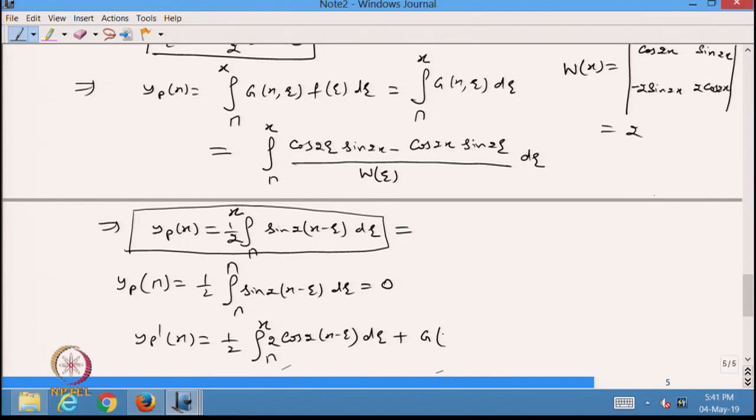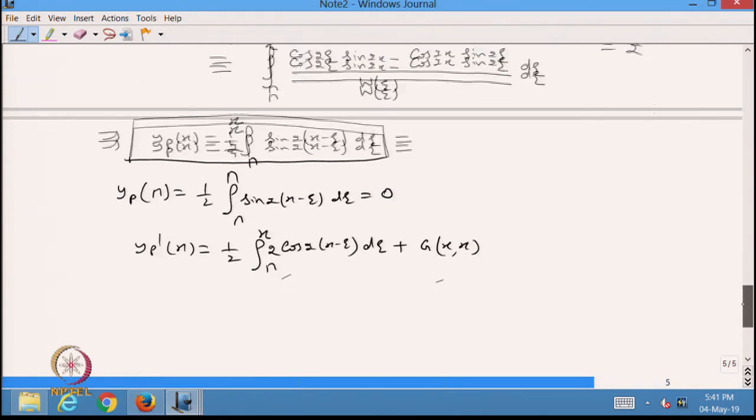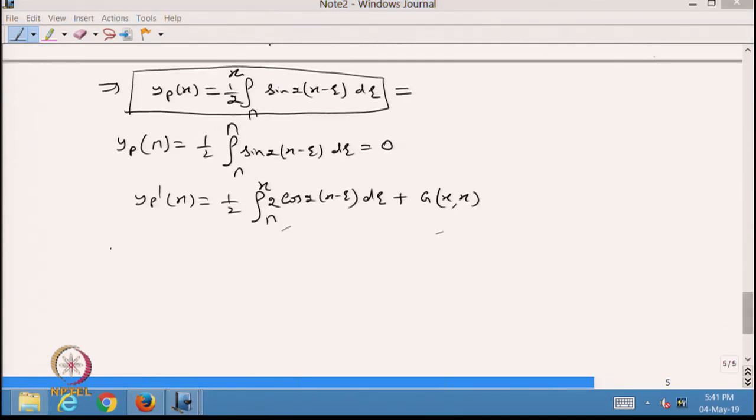So, this will be G(x, x), because I am putting the upper limit in the function, and then the function f(x) in this case is 1. So, from here I just define what will be the value of y_p' at x equal to π.